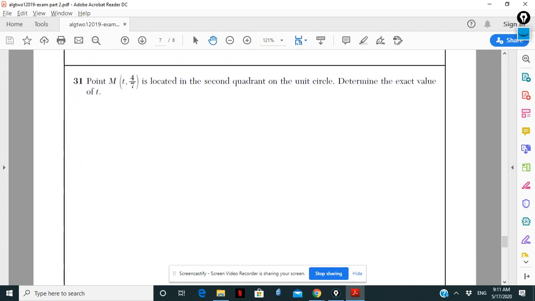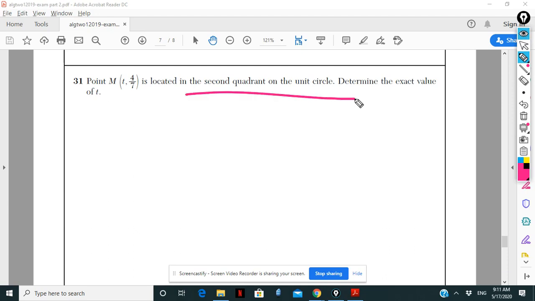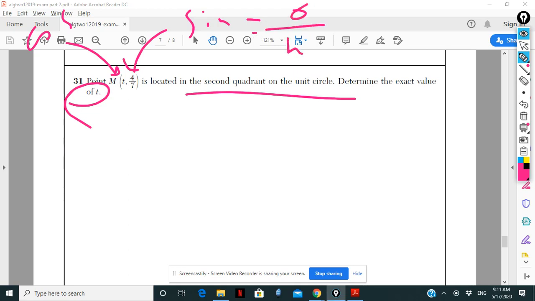Question number 31. Point M has a coordinate t and 4/7, indicated in the second quadrant of the unit circle. Determine the exact value for t. As we know, the x represents the cosine and the y represents the sine, and sine means opposite over hypotenuse. So the opposite for the angle is 4 and the hypotenuse is 7.